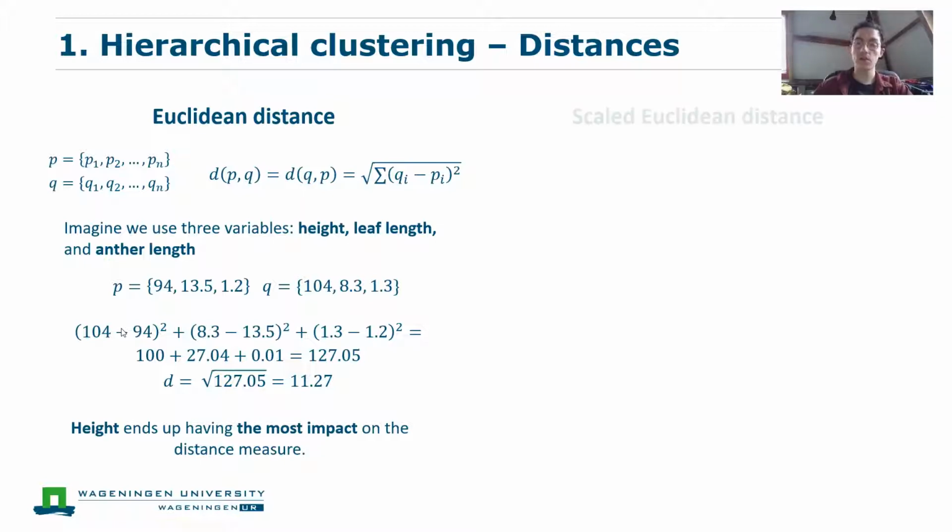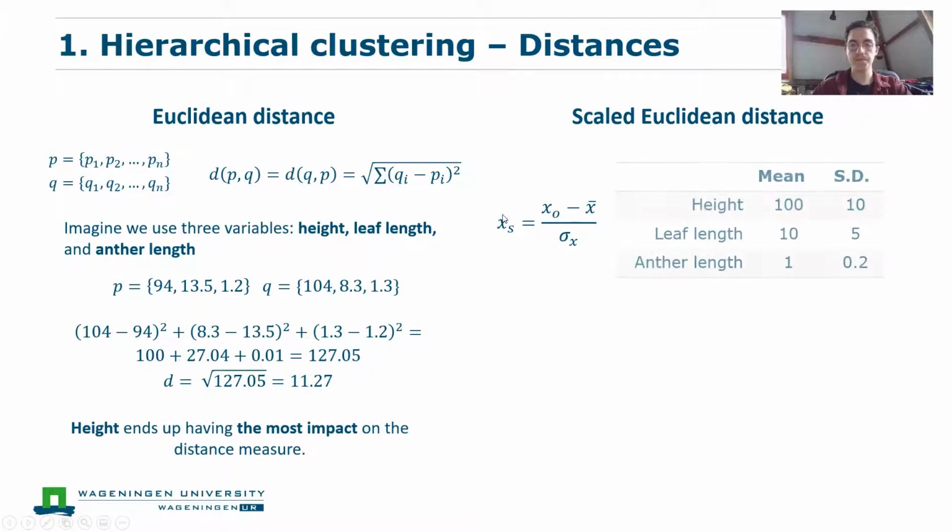So instead, what we can use is scaled Euclidean distances. So this is not a different type of Euclidean distance, but it's a distance where we use instead scaled variables. The general way of scaling is to just take the observation minus the mean over all individuals and divide it by the standard deviation of that variable, and then you obtain the scaled sample.